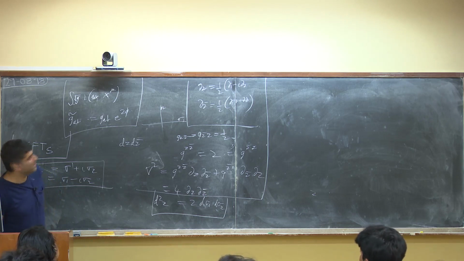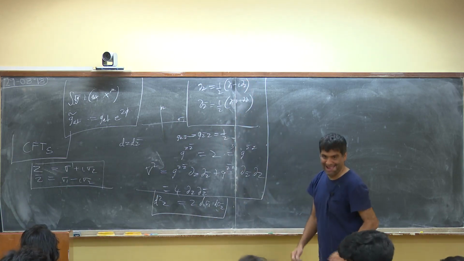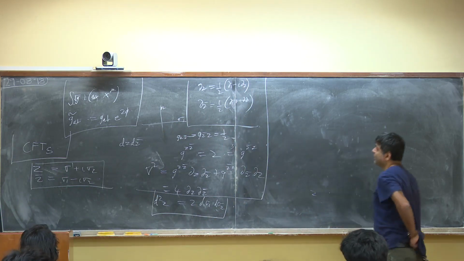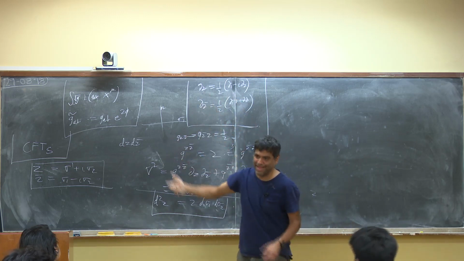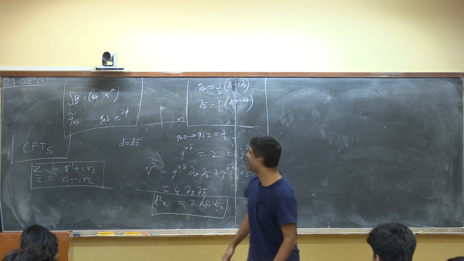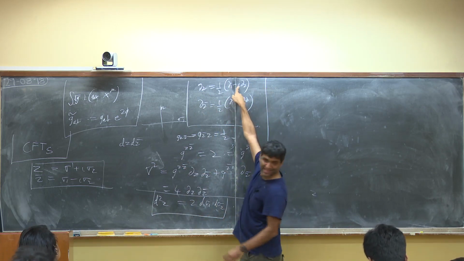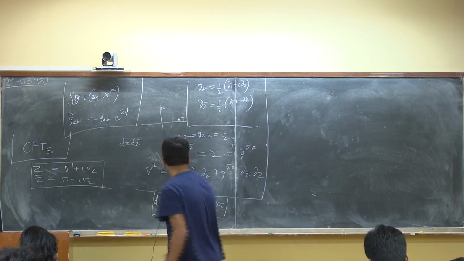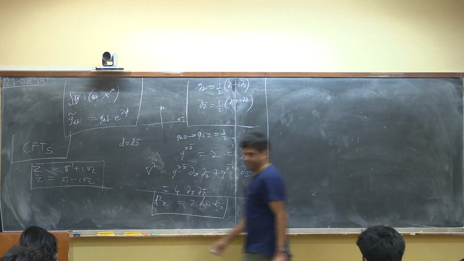One way to check this is to check whether del by del z acting on z bar gives you 0. Because z bar has a plus, that will kill the minus. Okay, so conventions all clear.